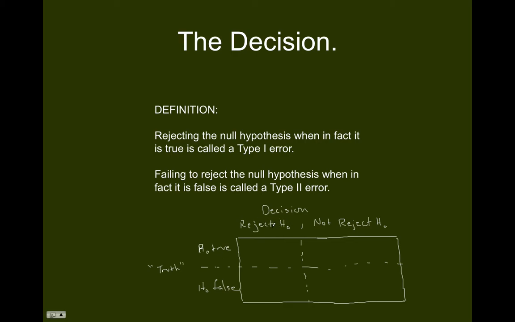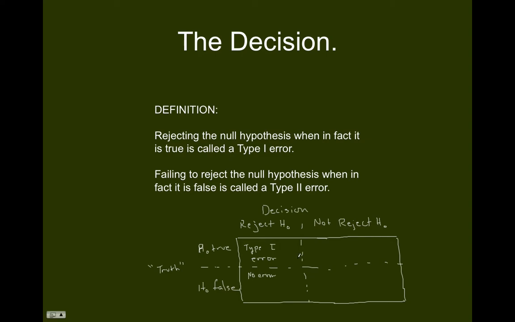And if we made that decision to reject H naught, and H naught turned out to be true, then we made an error. And that's a type 1 error. On the other hand, if we rejected H naught and H naught were in fact false, then we made the right choice. And there would be no error because we made the right choice.